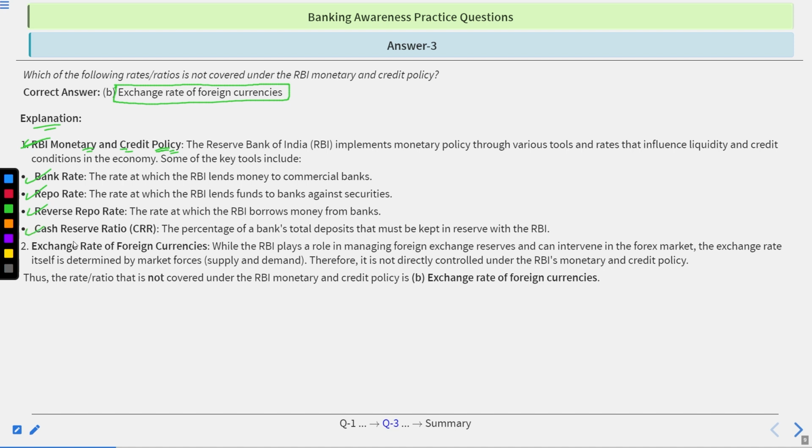Then the cash reserve ratio, or CRR. It is a percentage of a bank's total deposits that must be kept in reserve with the RBI, or Reserve Bank of India. After this, the exchange rate of foreign currency.